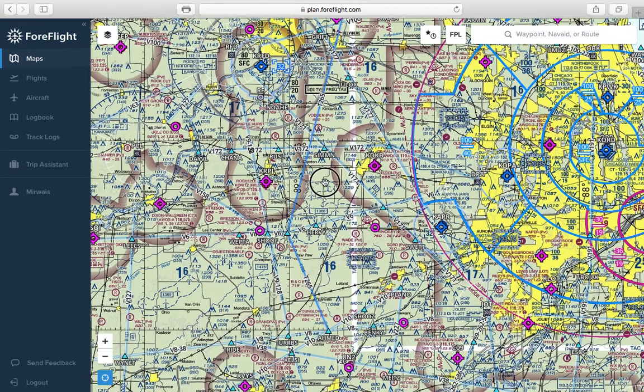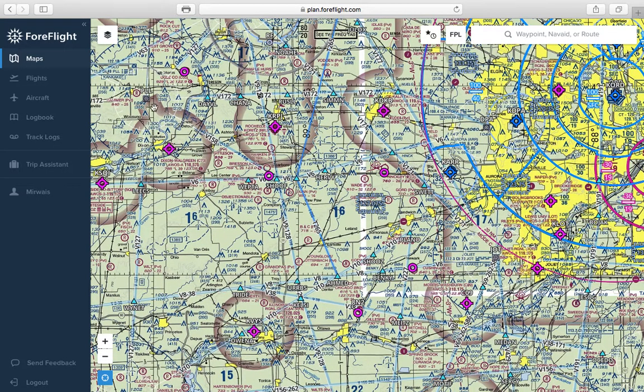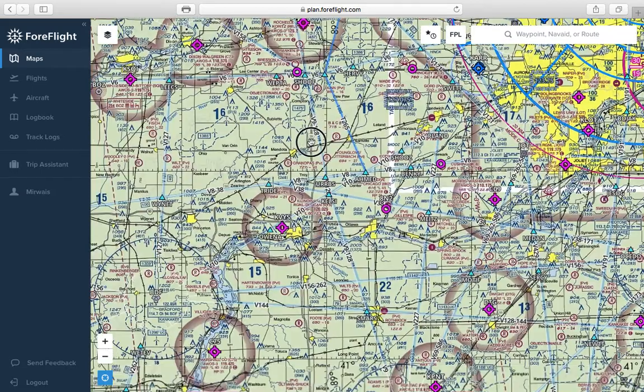So these are Gulf airspaces. They extend from the surface to 700 AGL, and that's it. It's uncontrolled airspace. Nobody has control over you, and obviously it extends only up to 700 AGL.